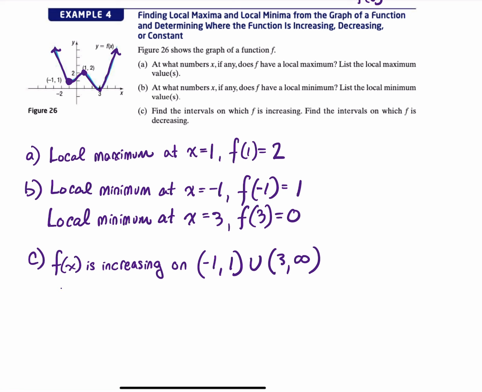And then we'll do decreasing. So I'll say decreasing. Now here, this continues, so we could say from -infinity up until -1. And then our second decreasing interval was from 1 to 3.